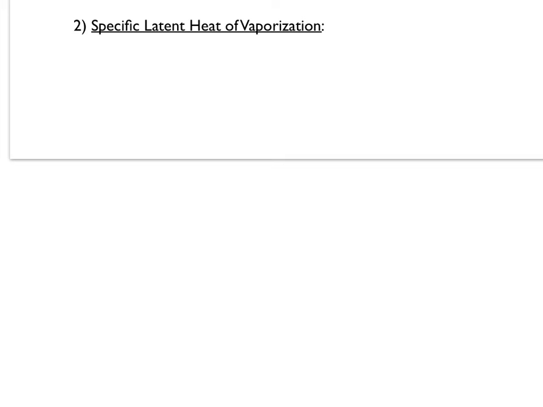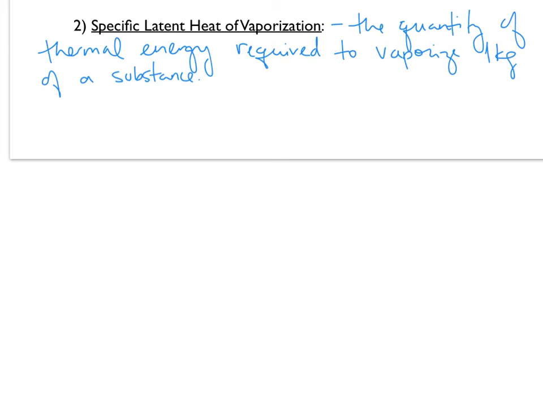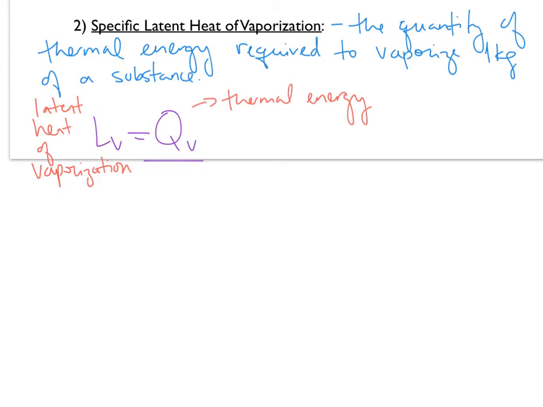Okay, so now let's look at our second state change from liquid to gas. So we're looking at our specific latent heat of vaporization, and that is the quantity of thermal energy required to vaporize 1 kilogram of a substance. So similarly, your latent heat of vaporization, or LV, is equal to the quantity of thermal energy required over your mass.